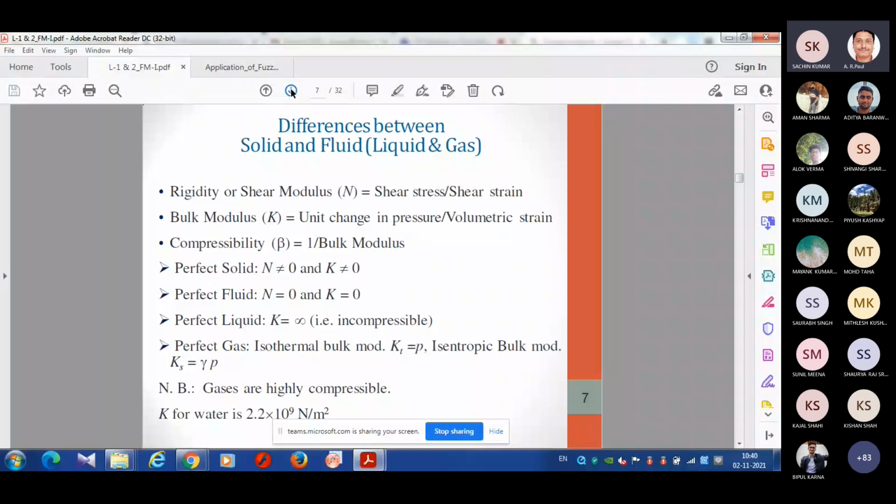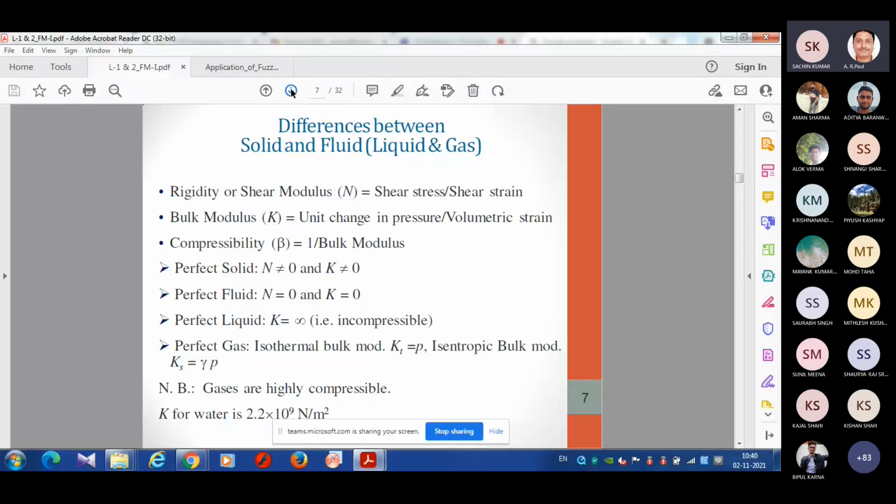Now you can arrange a number of solids and calculate the rigidity and bulk modulus. You will find them to be non-zero values, so it is known as a perfect solid.